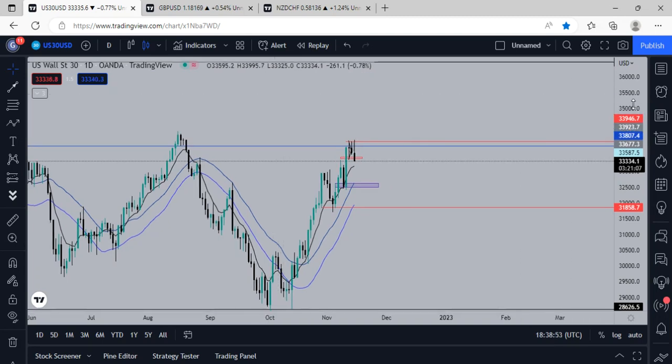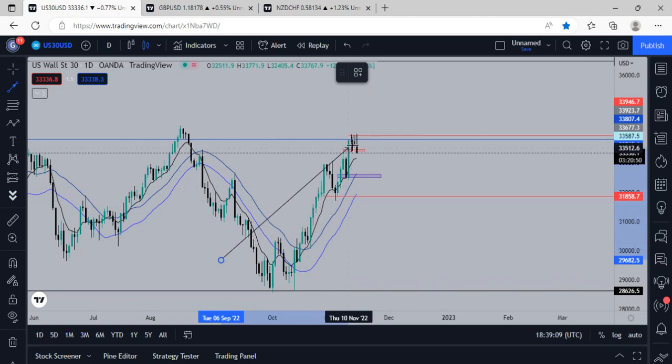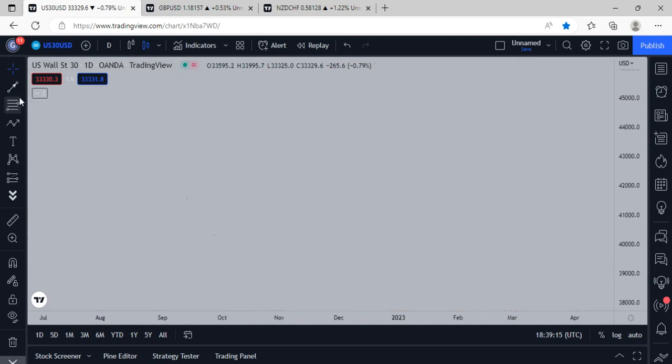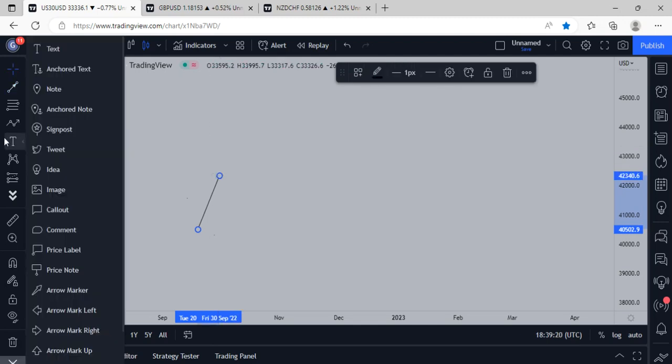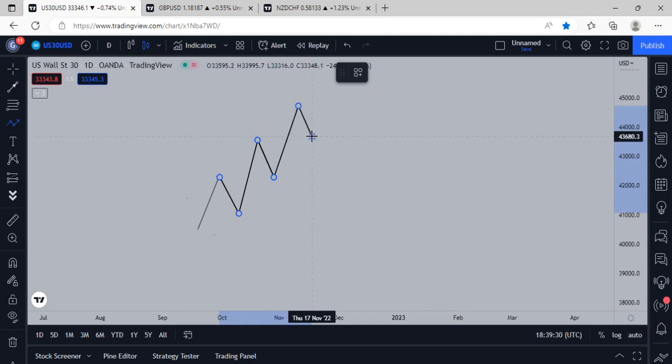Looking at the trend that we're in right now, we're in a buying trend because price is making higher highs, higher lows, higher highs, higher lows, higher highs. That's what price is doing. A higher high then makes a higher low, higher high, higher low, higher high, higher low, and a higher high.